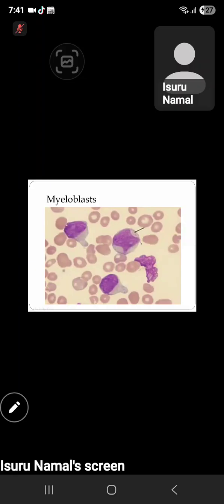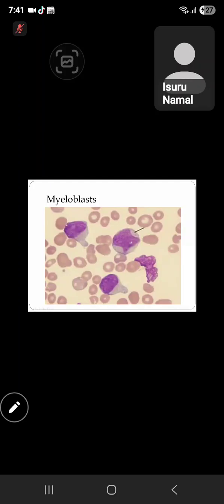A mature lymphocyte is smaller than this one, the nucleus is darkly stained, and the chromatin is condensed. But here you can see loosely arranged chromatin, a high NC ratio, and some nucleoli. The very pale areas are called nucleoli.